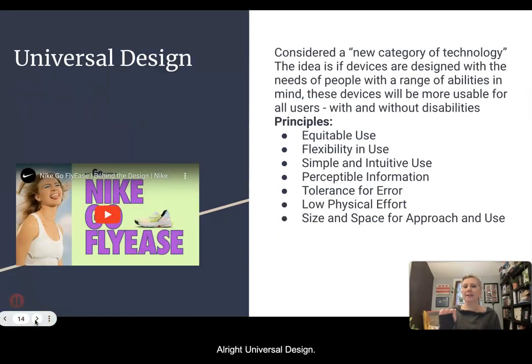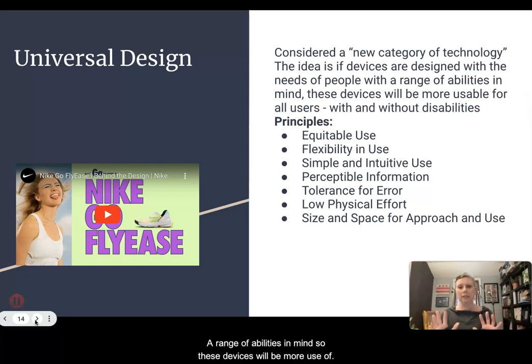All right, universal design. I mentioned that earlier, this is considered a new category of technology, although it's universally been used forever. This is the idea that devices are designed with the needs of the population, with a range of abilities in mind.